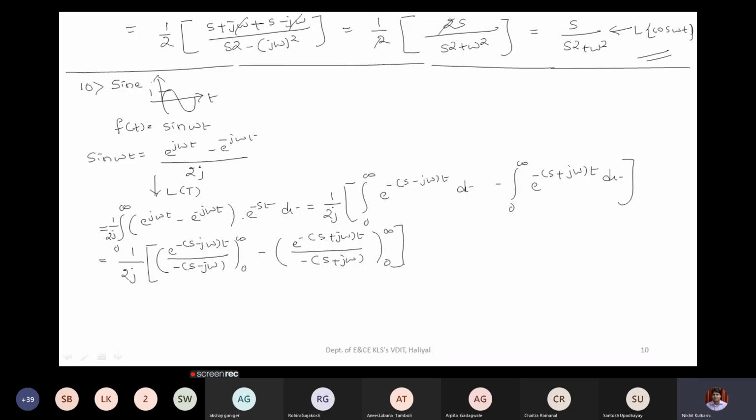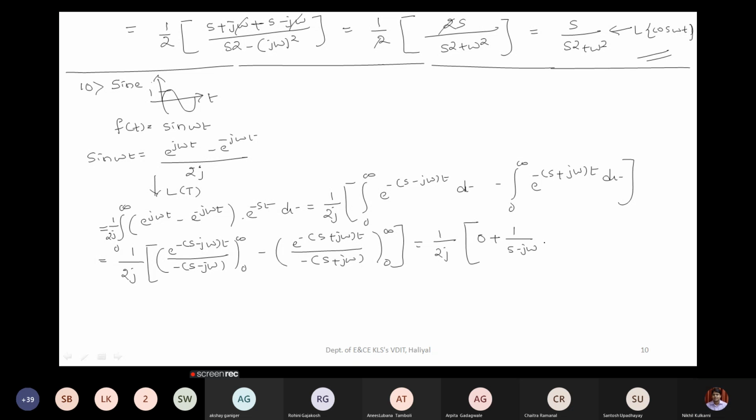Okay, so finally in the same way, if you further calculate, that is going to give us 1 by 2j. So first quantity here, if you put infinity, that will be 0, then minus of minus will be plus, e to the power 0 will be 1, so 1 divided by s minus j omega.